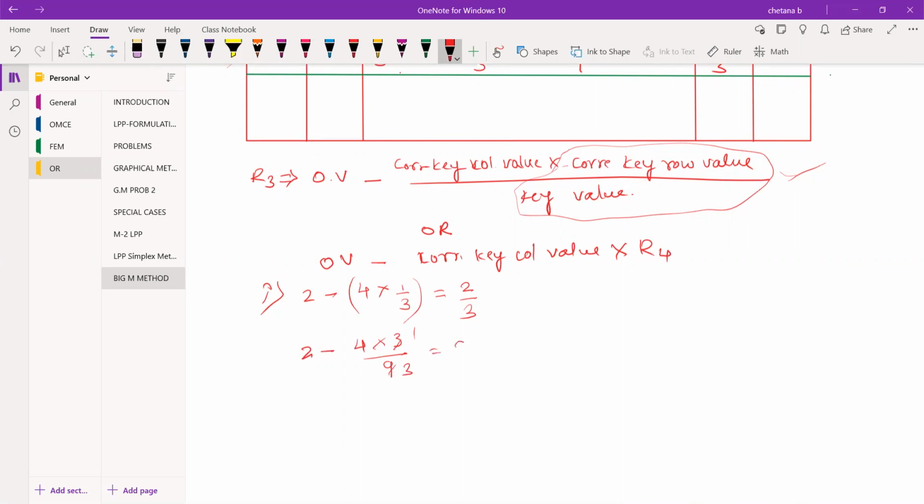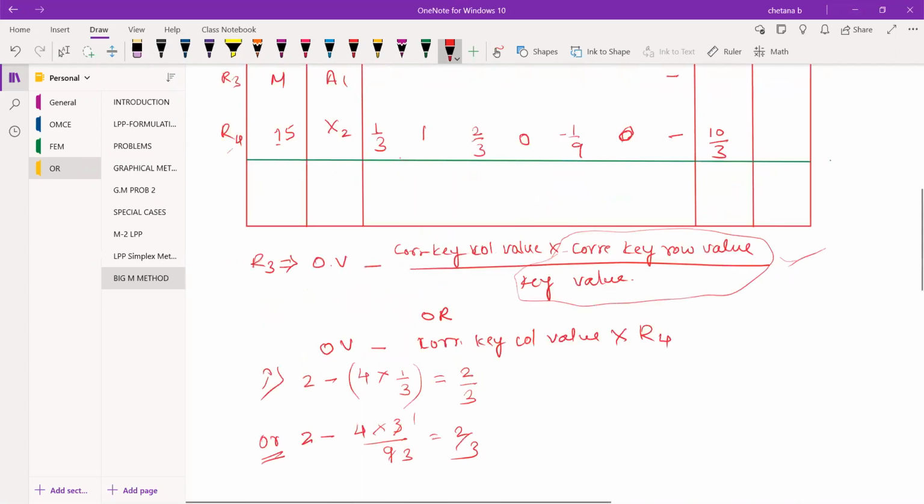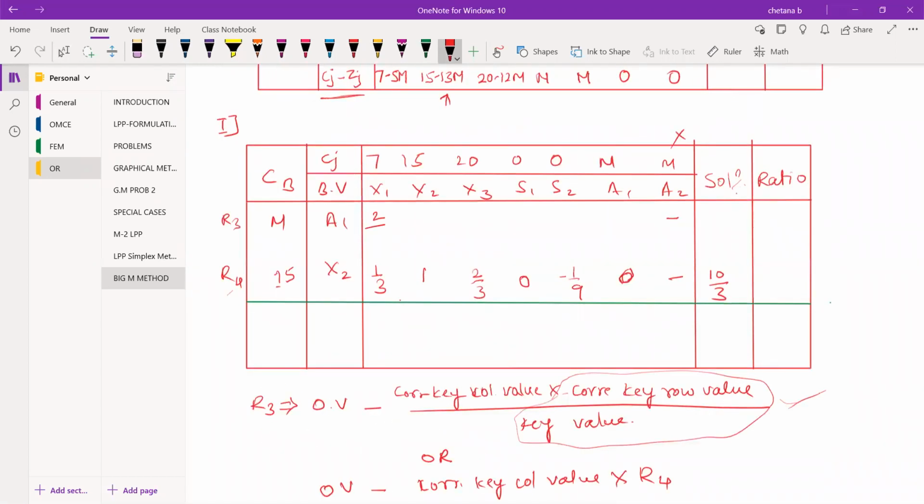So it is 2/3. So the first new value is 2/3.